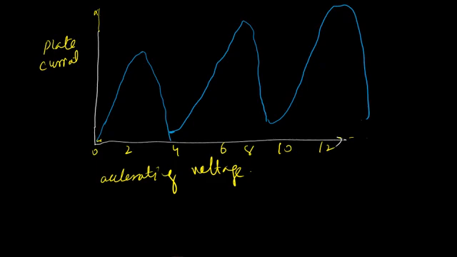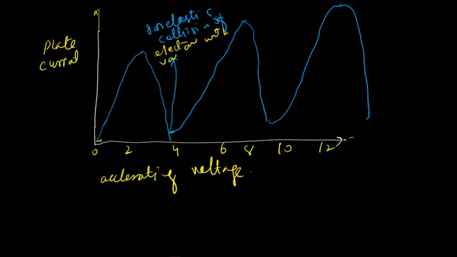Whenever the plate current reaches some critical value, there is a sharp drop after it. This sharp drop in the plate current is due to inelastic collision of the electron with a vapor atom, so the atom goes to the excited state.